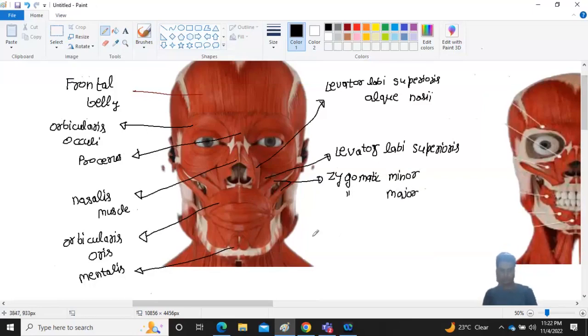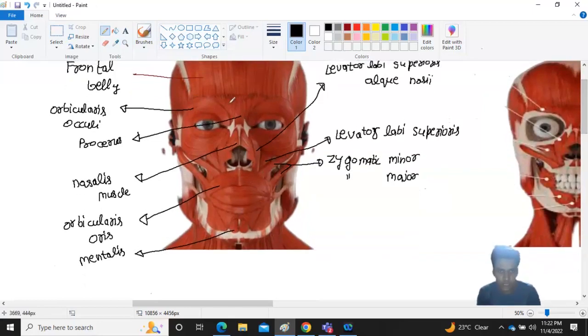Then another muscle we can mark here: if we remove this muscle, this is the corrugator supercilii.